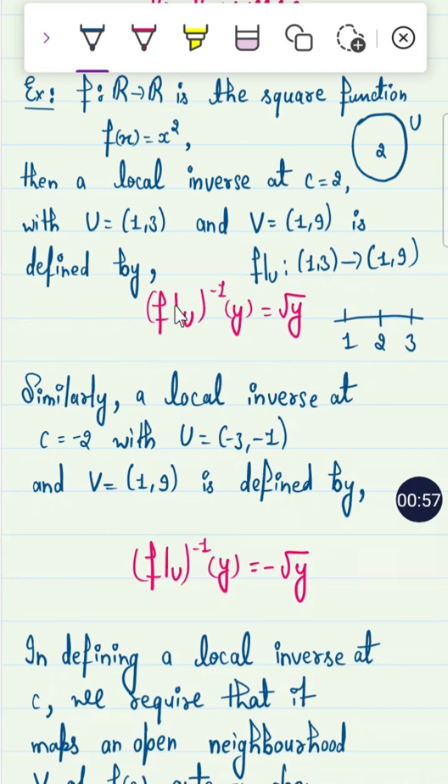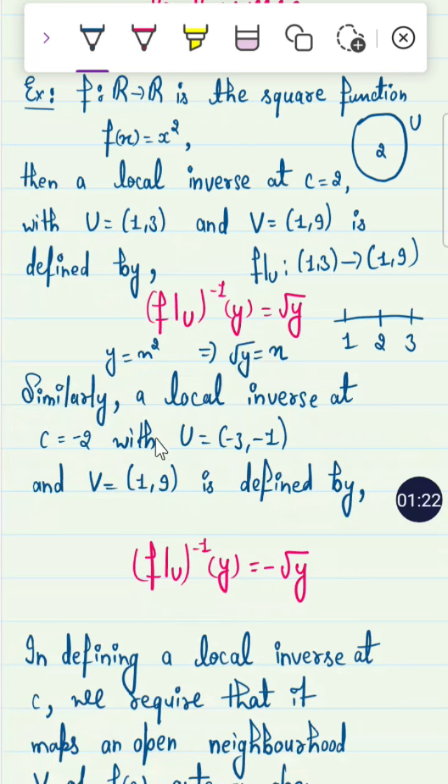So if there exists a restriction, we know that the local inverse exists. So f restricted to this domain has inverse: as y = x², the inverse is root y, which equals x.